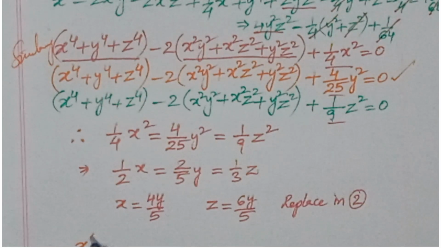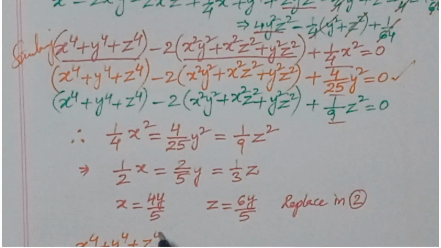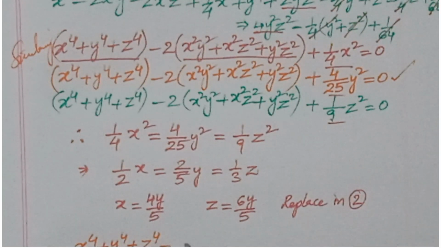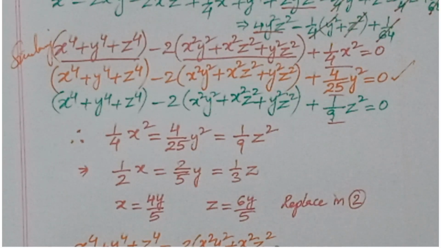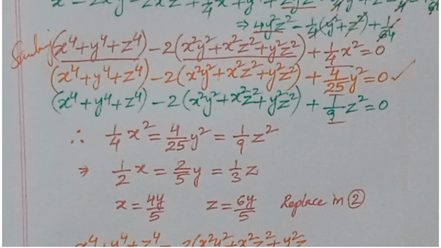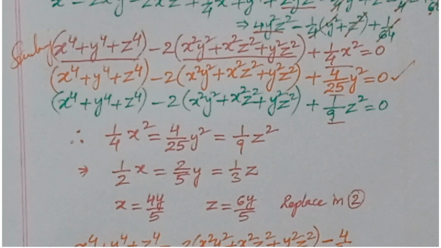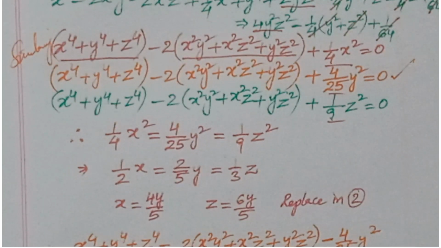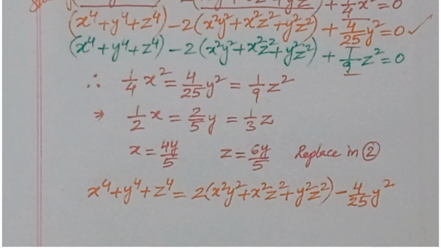X to the power of 4 plus y to the power of 4 plus z to the power of 4 is equal to 2x square y square, 2x square z square, y square z square, plus minus 4 by 25 y square. So in this we are replacing the value of x and z.